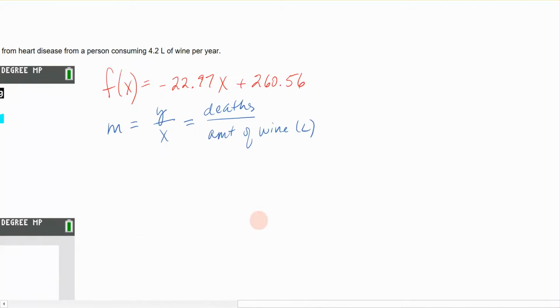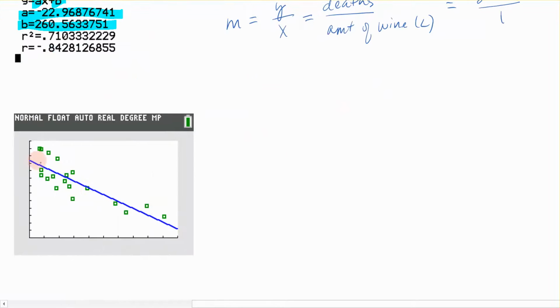And if you set it up like this, then interpreting the slope becomes a little bit easier. Now that we know what our units are, let's go back and look at the slope. The slope is negative 22.97, and we're going to write that over a 1 because it helps us interpret this a little bit. We know, though, that when we have a negative slope, my line is decreasing.